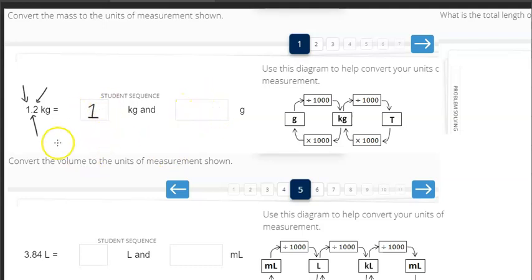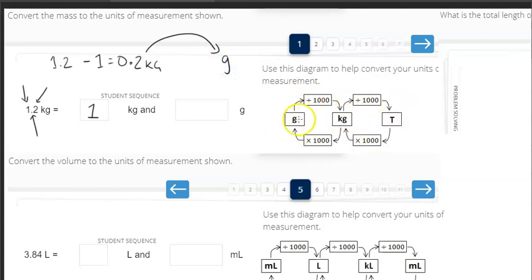This is incorrect. You have to make sure that what we have left, so 1.2, we've already used 1 of those kilograms. So 1.2 take away 1 is equal to 0.2. So what we have left is 0.2 kilograms, and we want to convert this to grams.